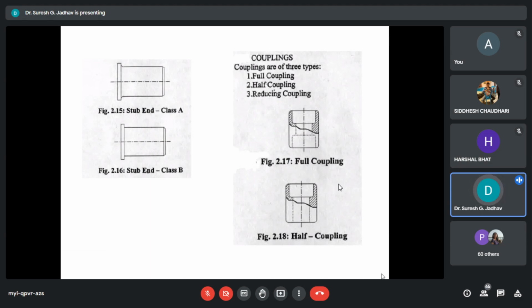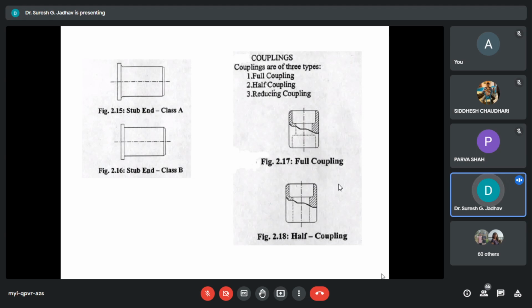The length of the stub end as per MSS-SP-43 is the same as that of the short stub. So here we can decide the length of the stub end as per MSS-SP-43, that is, Manufacturers Standardization Society Standard Practice 43.